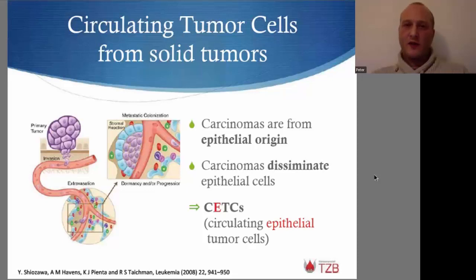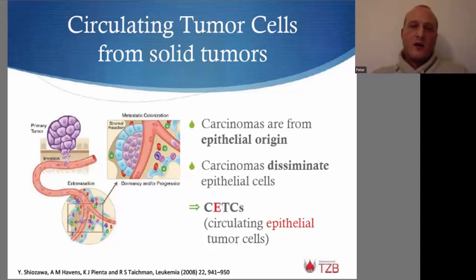We do not have the ability to tell you what kind of cancer it is, because if you look at this picture, you can see that even if a breast cancer disseminates cells and it's a metastasis in some distant tissue, it may be cells from breast cancer doing the metastasis, let's say in the liver or in the lung.